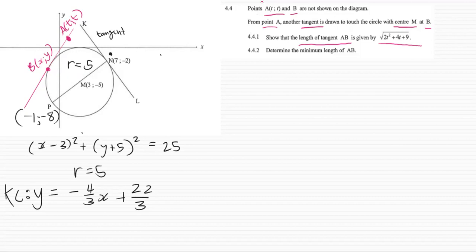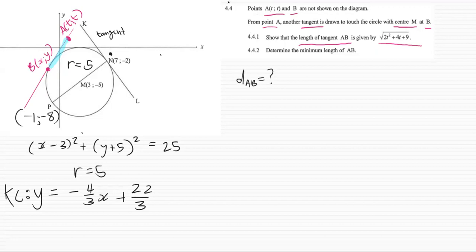Anytime we have a length of tangent AB, we're going to be using the distance formula. So the question is asking for the distance of AB. The distance AB equals what?